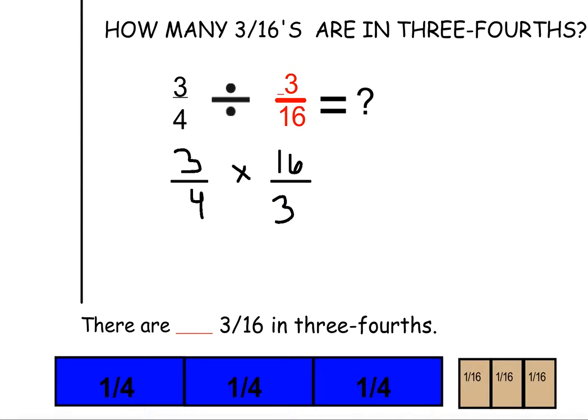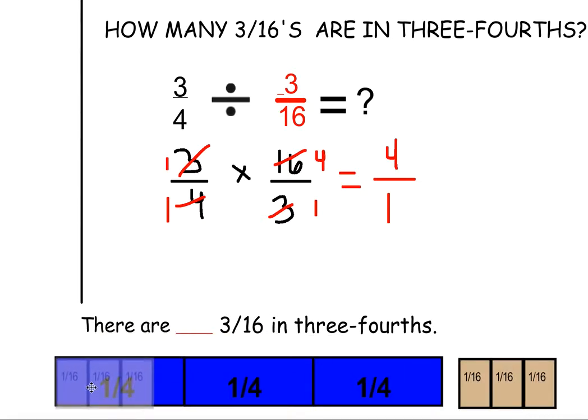Now I simplify. 3 and 3 can simplify to 1 and 1. 4 can go into 4 once, and 4 can go into 16 four times. So then I'm left with 1 times 4 is 4, 1 times 1 is 1. So let's just check it: I have 1/4 and I have 3 of them, because I have 3/4, and I have 3 little 16th pieces.